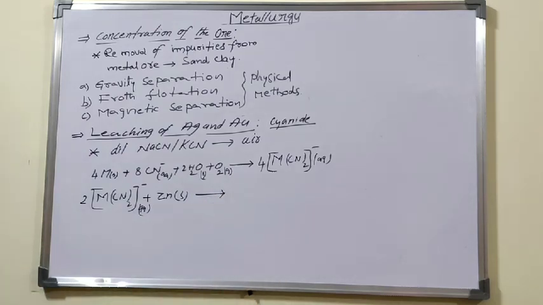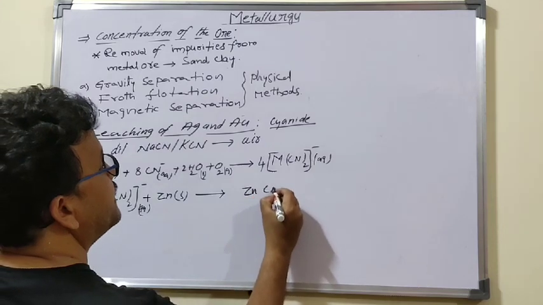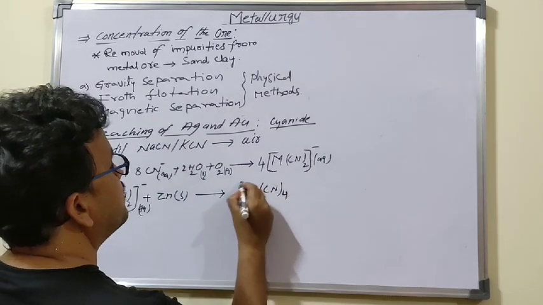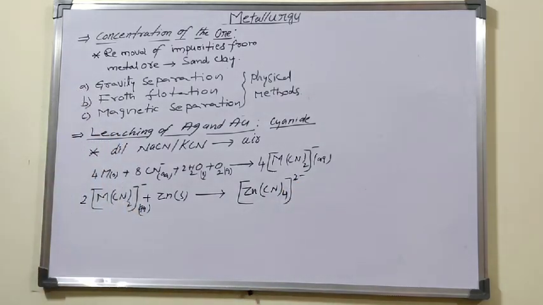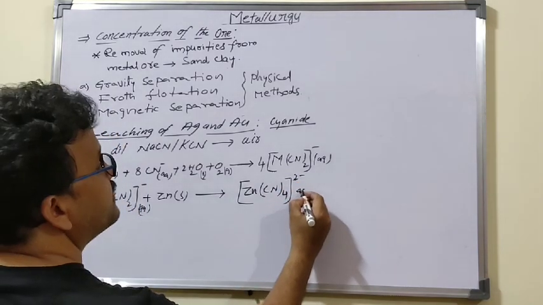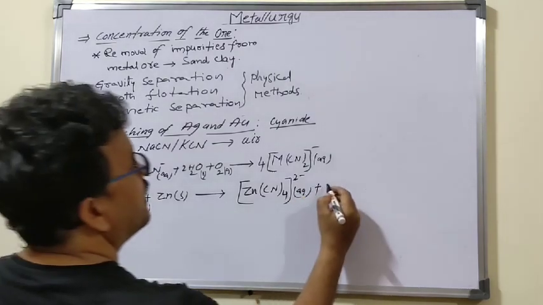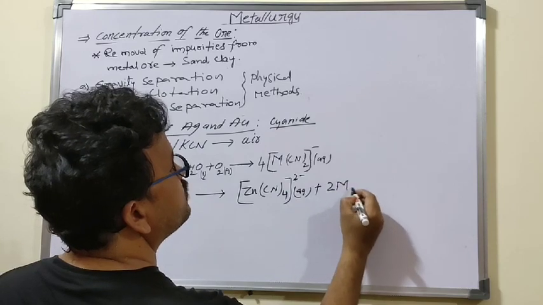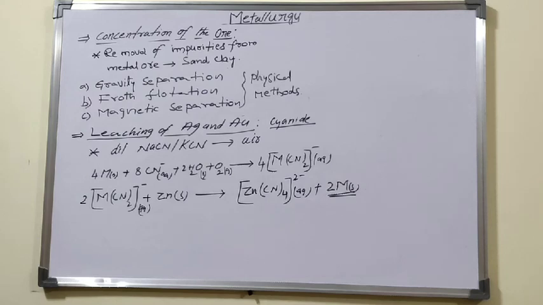When zinc is treated with this metal cyanide complex, you are getting zinc cyanide complex which is in aqueous position, and the concentrated metal is going to be collected here. This is leaching of silver and gold.